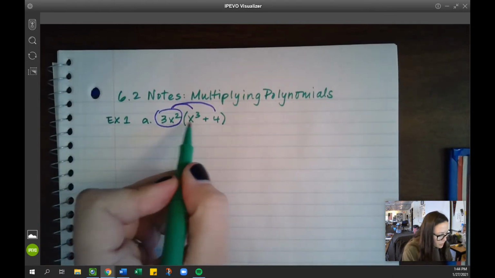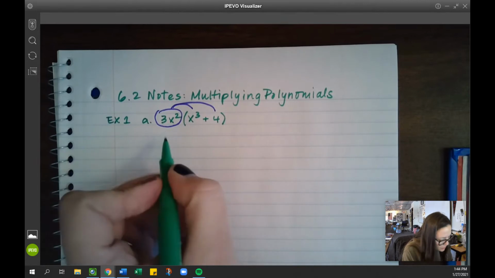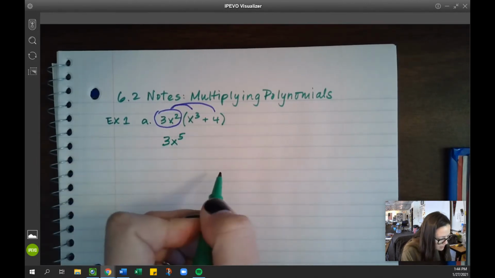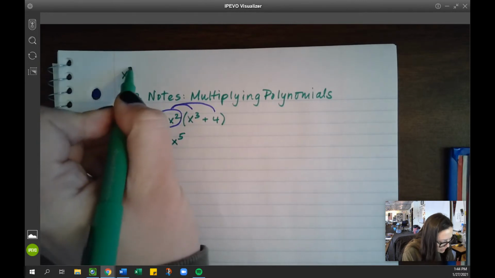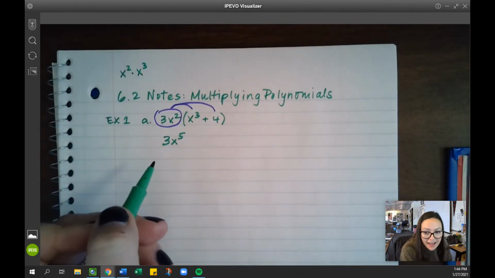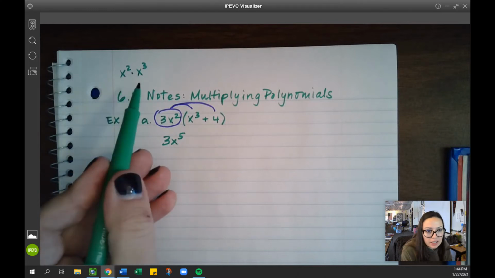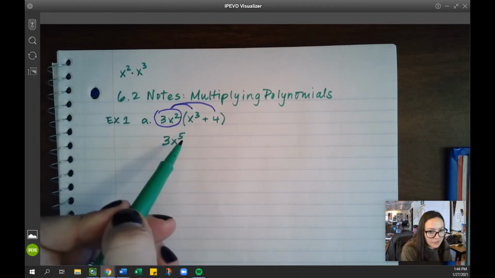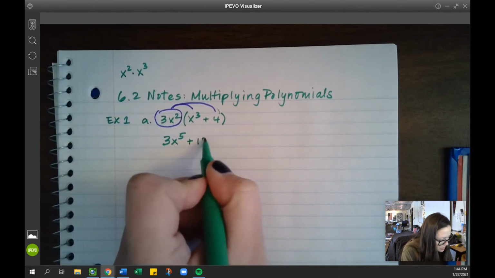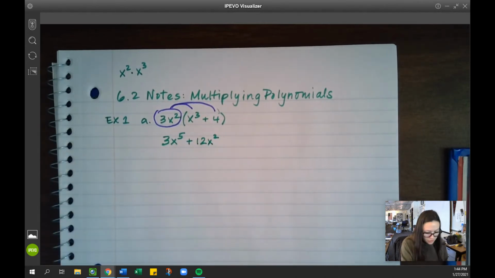So 3x squared times x cubed gives me 3x to the 5th, because remember, when I multiply powers together, we add the exponents. X squared times x cubed is x to the 5th. Then I'm going to do 3x squared times 4, which gives me 12x squared.